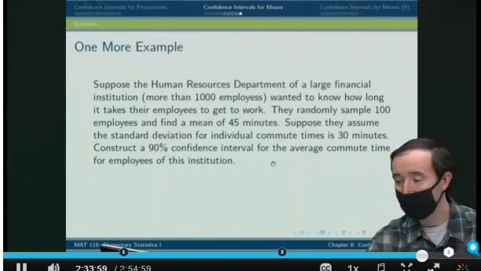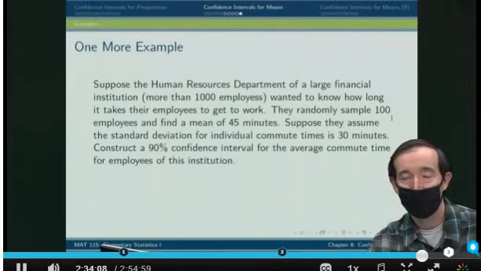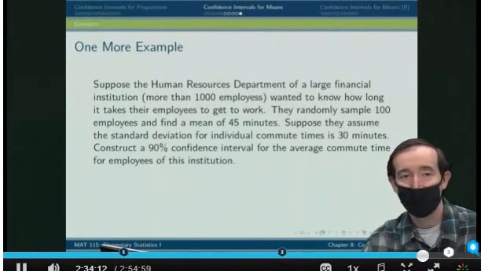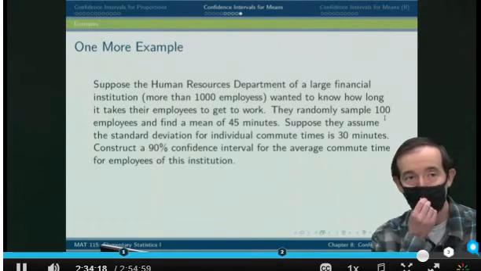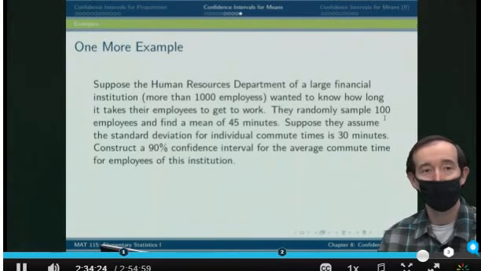So I'm trying to estimate their entire workforce, more than 1,000, and I'm using a sample size of 100. 100 is exactly 10% of 1,000, so if there are more than 1,000, then I'm just under that 10% level. Hopefully there's a lot more than 1,000 so that I'm not close. I don't have to worry too much about that. But if it's under 10%, we'll call that good enough.